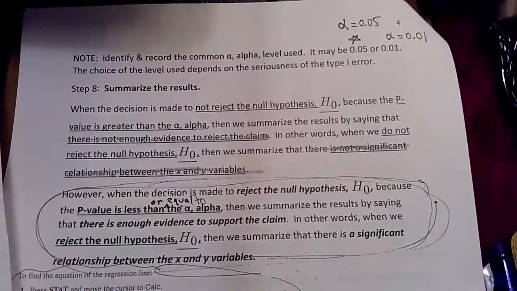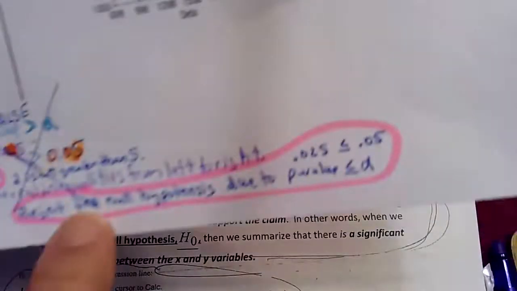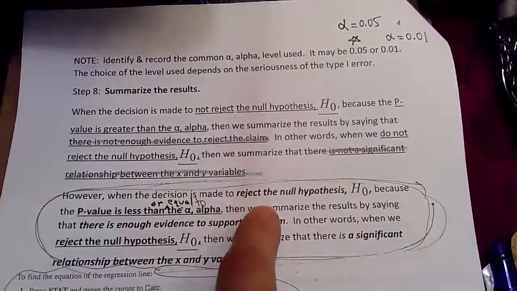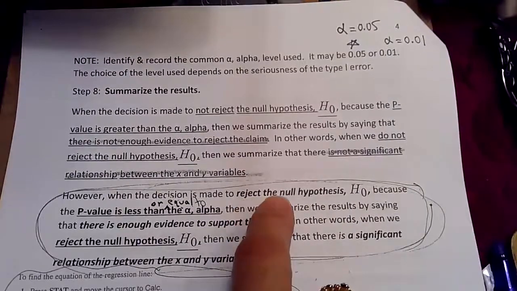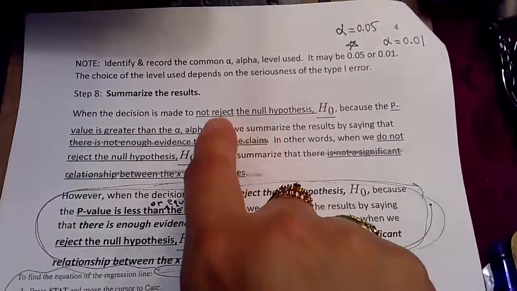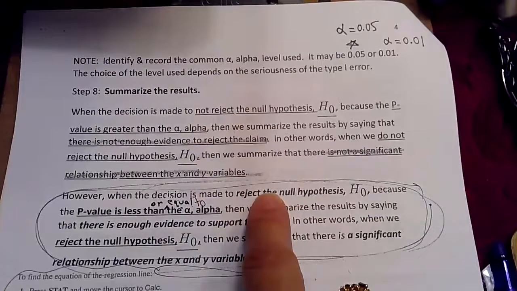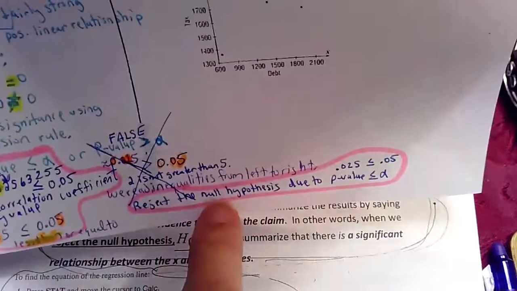Okay, so remember we went with reject the null. Let's see, we want to read this one, reject the null. We don't want to read this one, not reject the null. We're leaning towards this, reject the null. That's what we said.